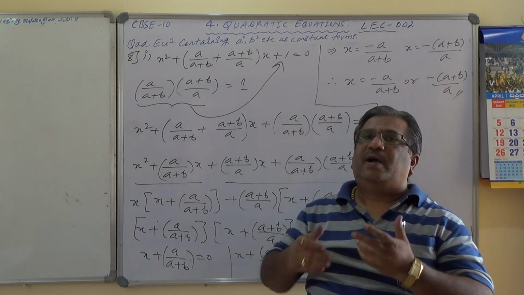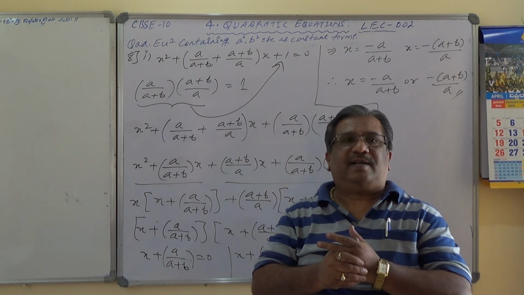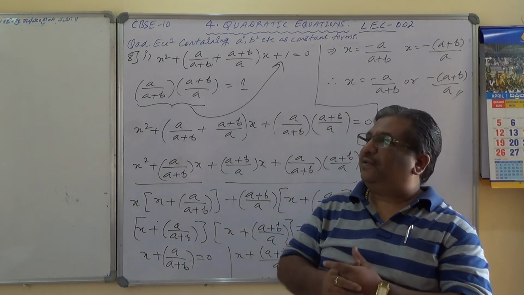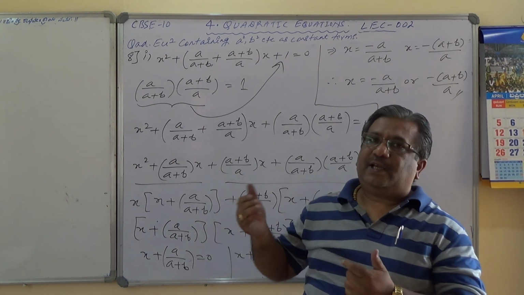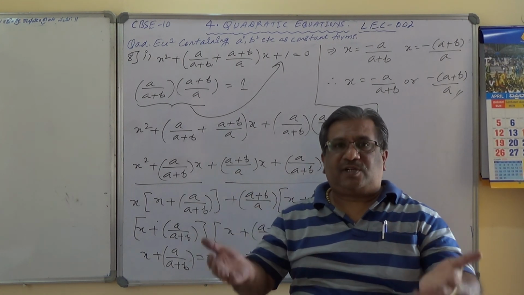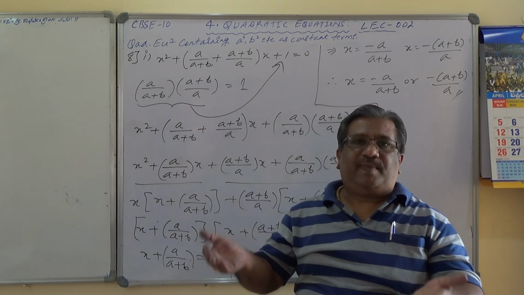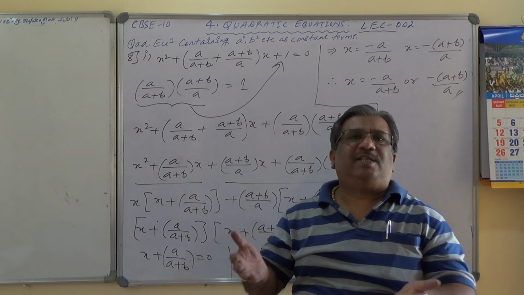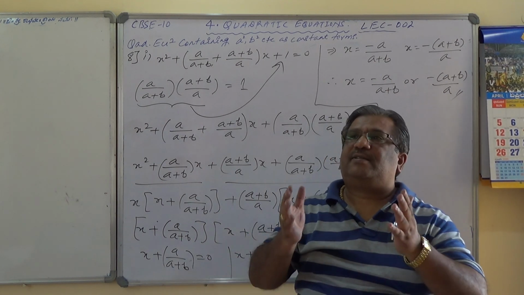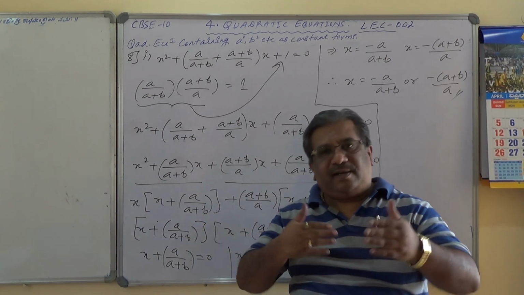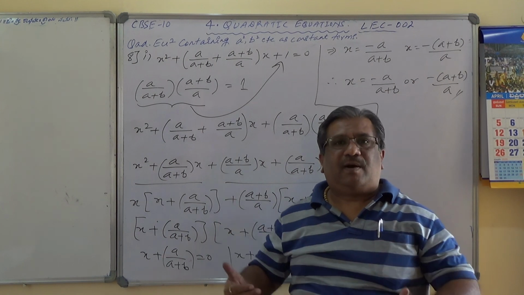Case number 2, I took numericals that contain square roots. Case number 3, I took quadratic equations containing constants which are expressed in terms of a and b, a square, b square, or some algebraic expressions. So these are the three types of numericals under the factorization method which I have covered.